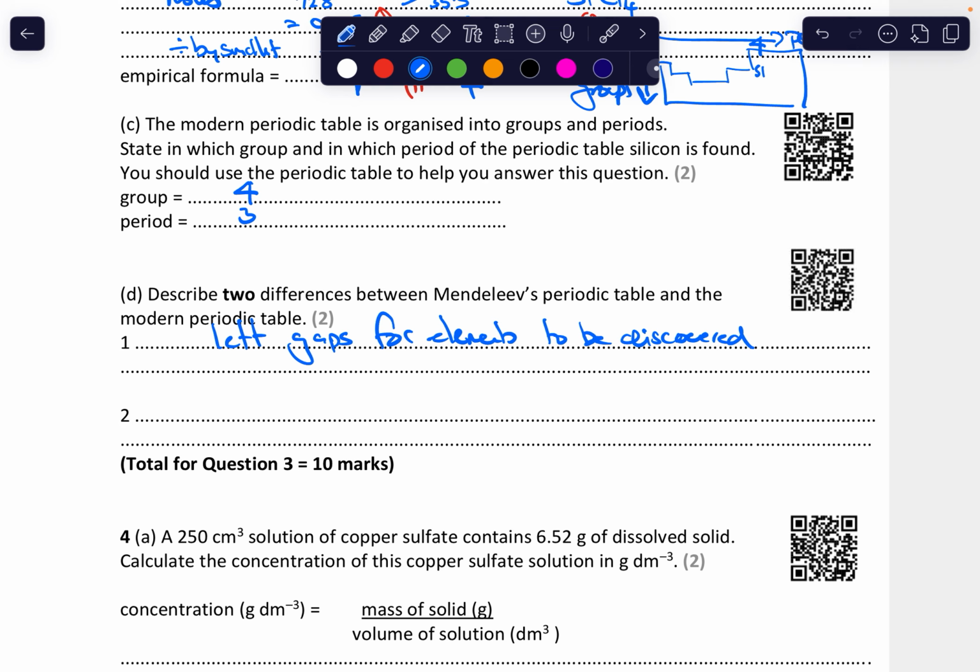Also, Mendeleev's periodic table had fewer elements because they hadn't all been discovered. There were fewer elements in the table. Okay, as I said, there's loads of marks available there. I'll just pick two of the obvious ones, one mark for each of those.